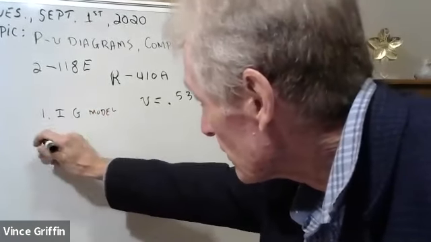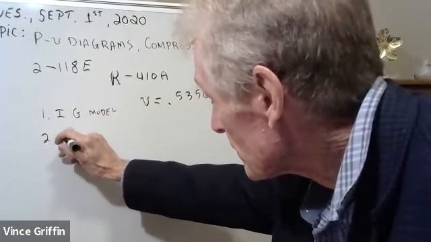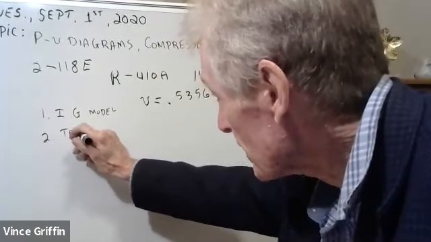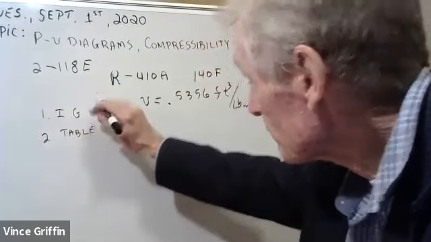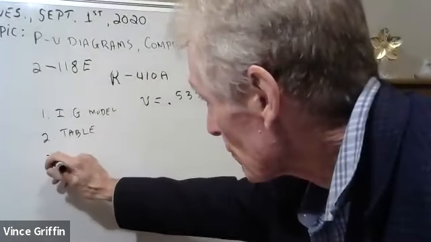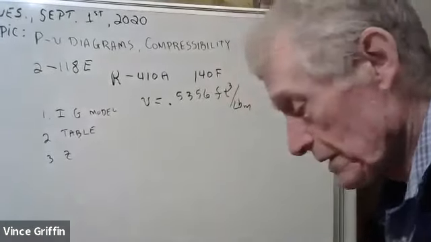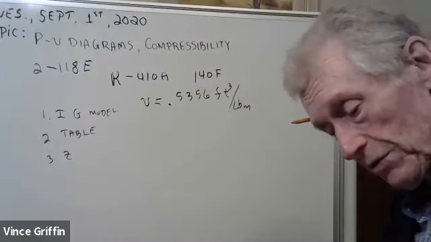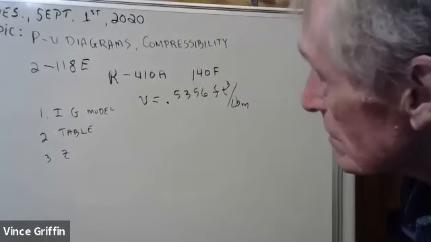We'll do it that way, and then we'll do it with the tables. We can just look it up. I think they have tables of R410A in the back. And then I think they want us to do it with compressibility. We may not have time to do it all, but we'll try.